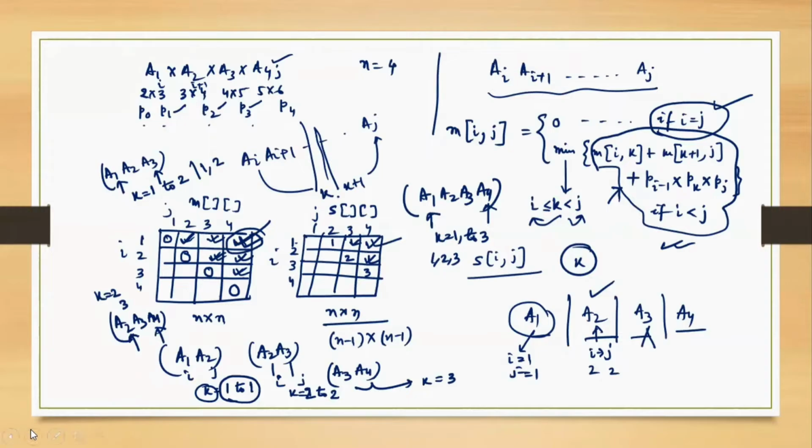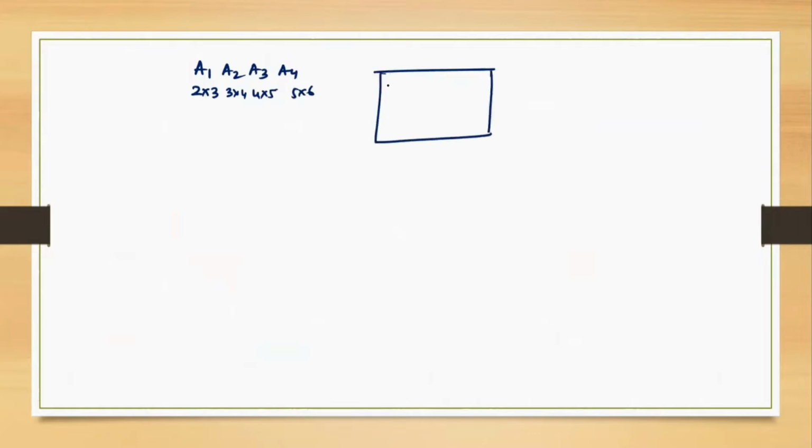So let us go for the next slide. Let me write the problem again. A1, A2, A3 and A4 with the dimensions 2 cross 3, 3 cross 4, 4 cross 5 and 5 cross 6. The M table value, that is 4 cross 4. Only we are using the upper triangular half, considering from the principal diagonal, because the formula says I less than j.